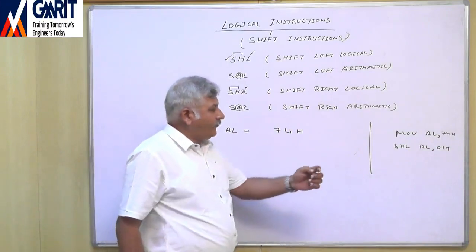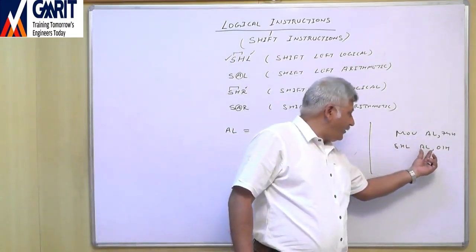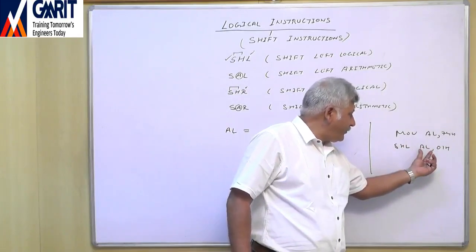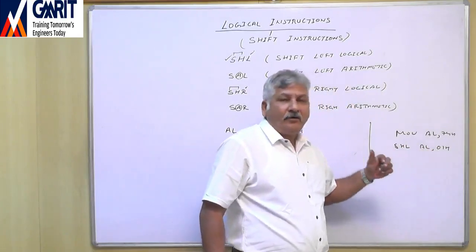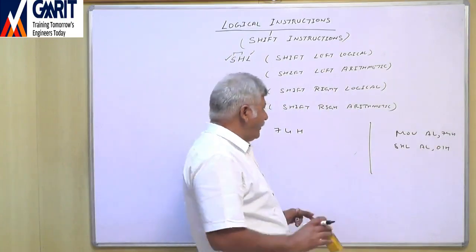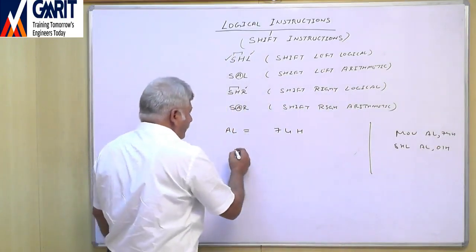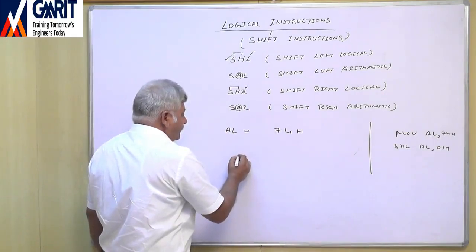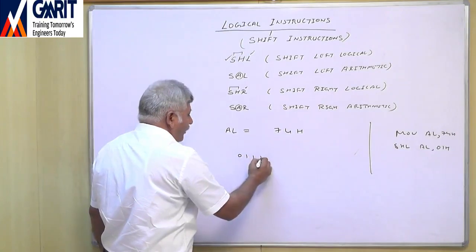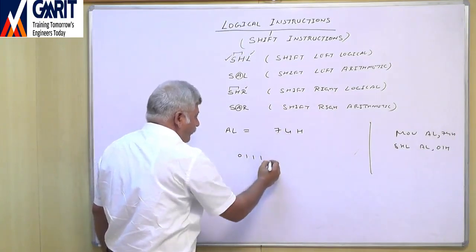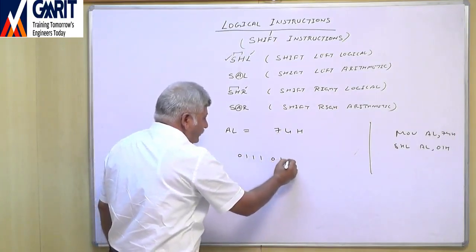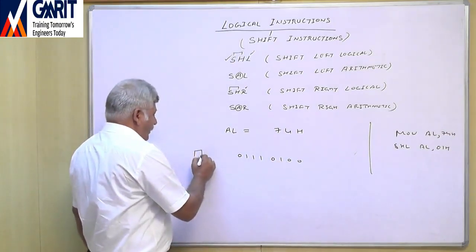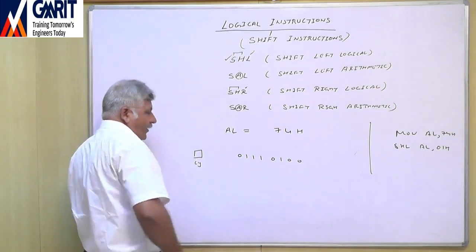So now we want to shift the value of AL left side logically. The value of AL is 74, I will write it in binary. It is 0, 1, 1, 1, this is 7, and 0, 1, 0, 0, this is 4. This is the value of AL. And this is the carry flag.